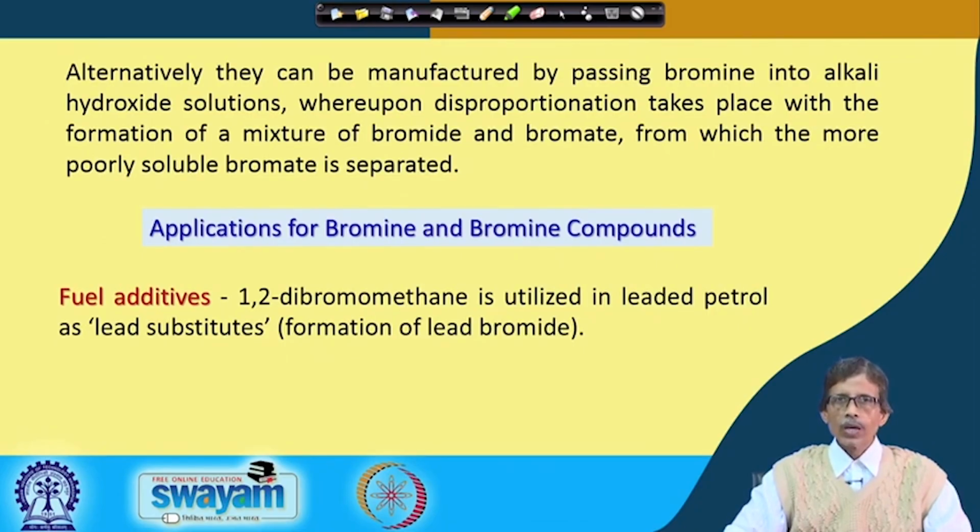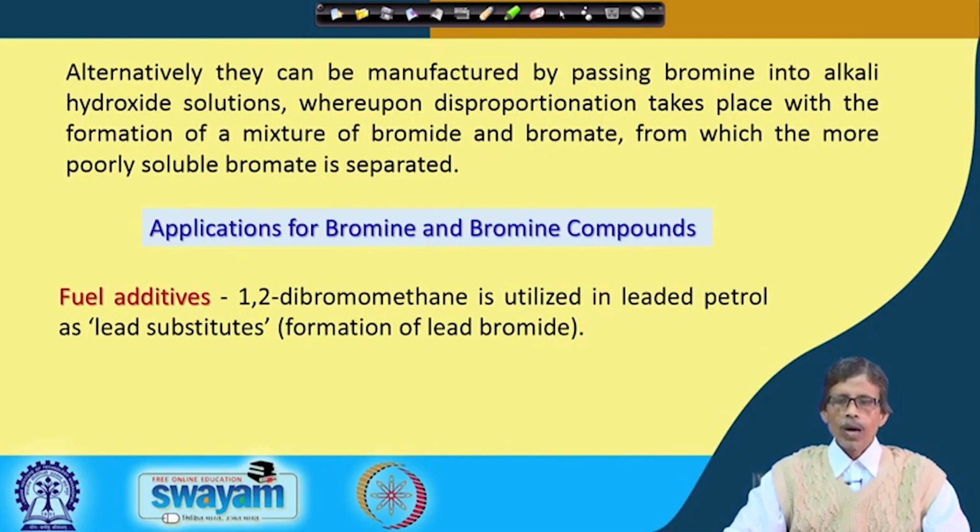Another organic compound, a dibromo derivative, is 1,2-dibromomethane. We know the corresponding methane is CH4, so if two of the hydrogen atoms are replaced by the bigger bromine centers, we get dibromomethane.